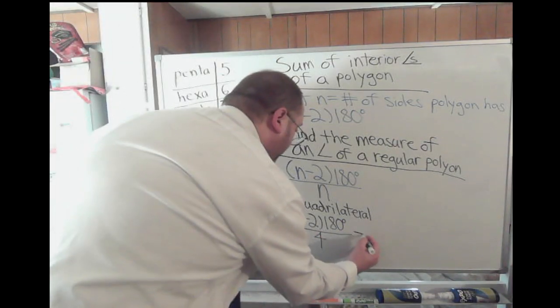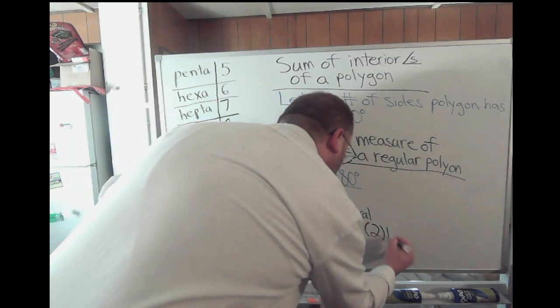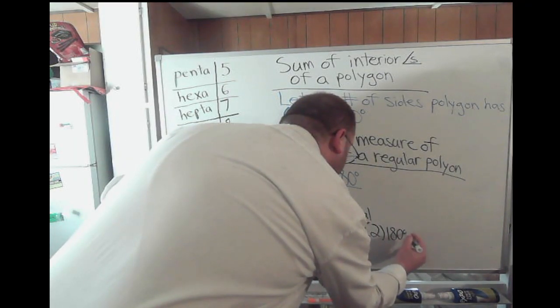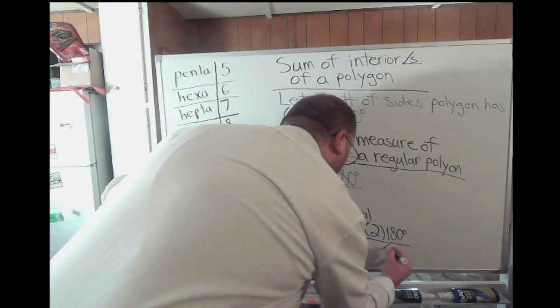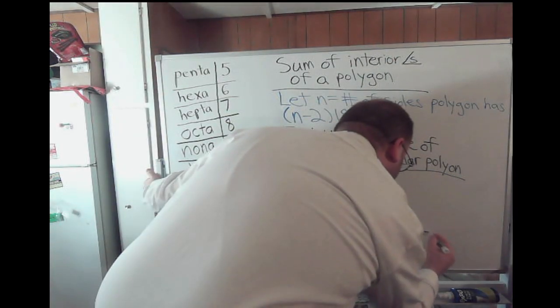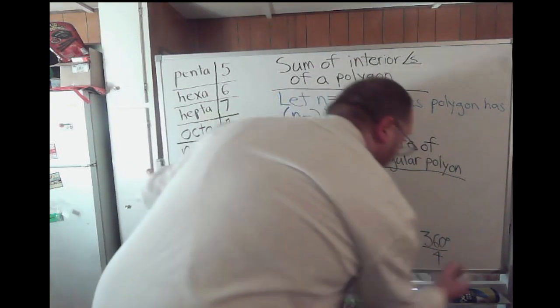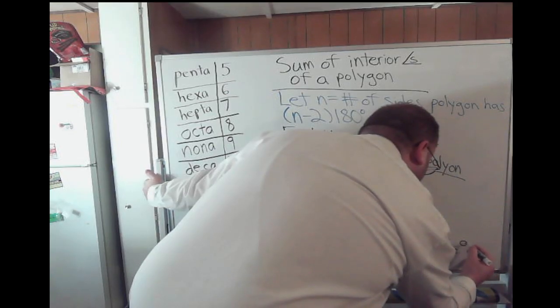So in the numerator, 4 minus 2, that's going to be 2 times 180 degrees all over 4. Well, 2 times 180, that's 360 degrees all over 4. 360 divided by 4, that's 90.